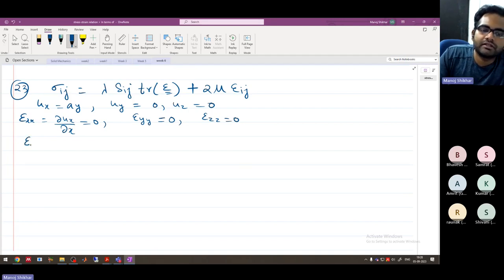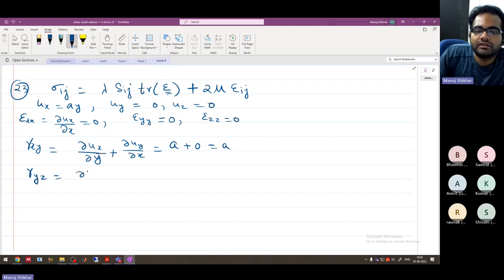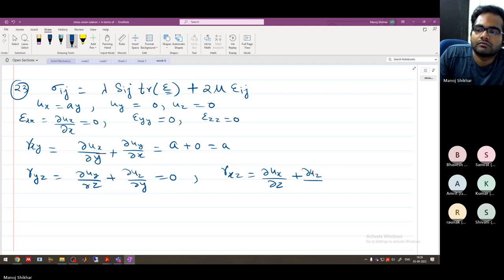How will we find epsilon xy, or gamma xy, I should say? Gamma xy is del ux by del y plus del uy by del x, so this is A plus 0. Gamma yz is del uy by del z, and gamma xz is likewise 0.